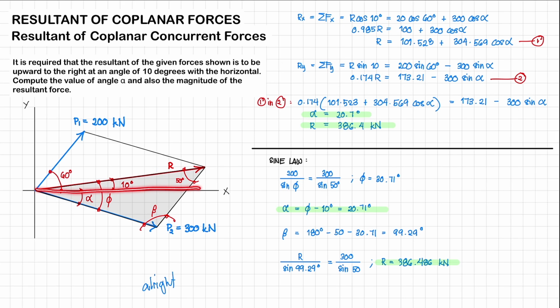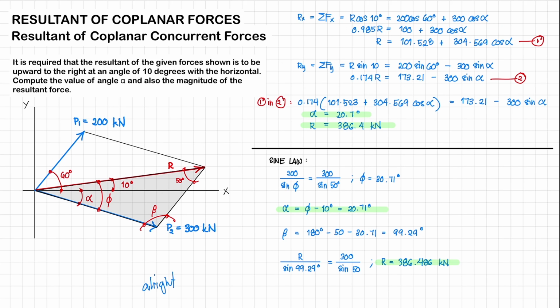The horizontal component of our resultant is going to be R cosine 10 degrees, and that would be equal to the horizontal component of our P1, which is this one, 200 kilonewtons times cosine 60 degrees. We actually lack a 10 there. All right. And then for the horizontal component of our P2, it would be 300 kilonewtons times cosine alpha.